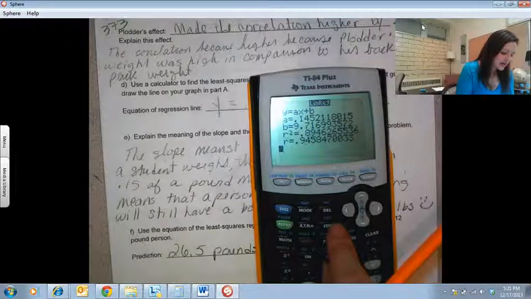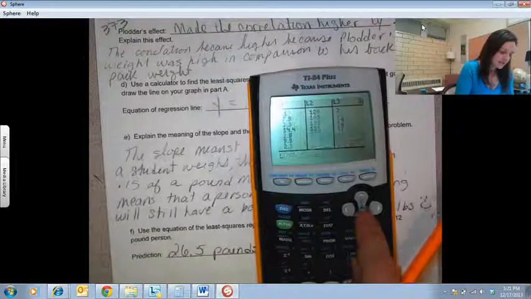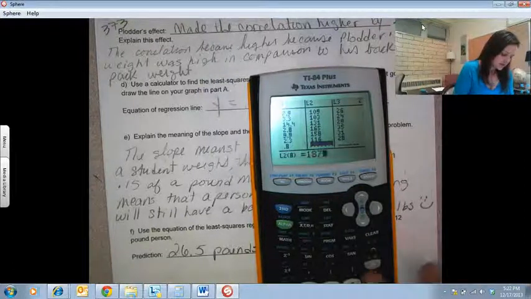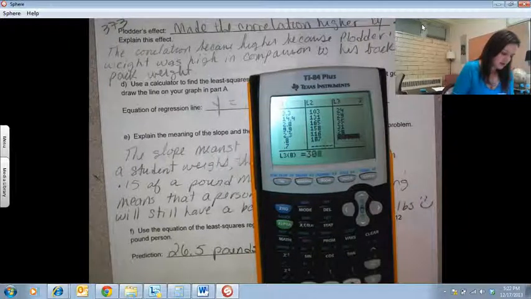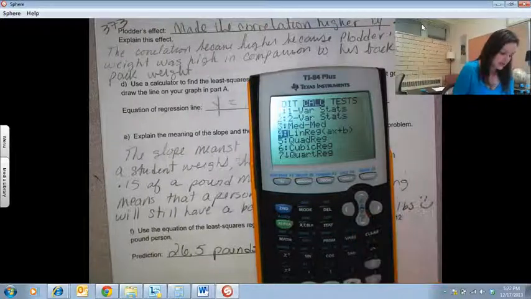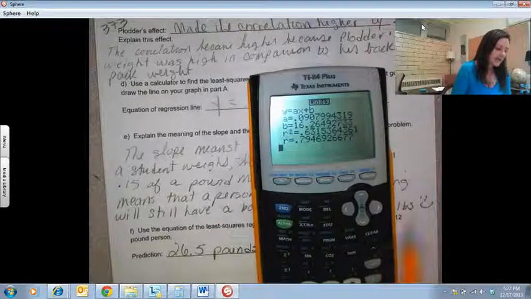So stat, edit, 187.30. Okay. Recalculate it again. Okay, and it's going to give me everything I need.